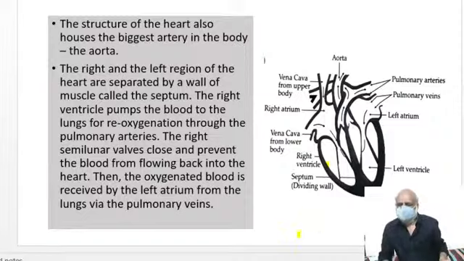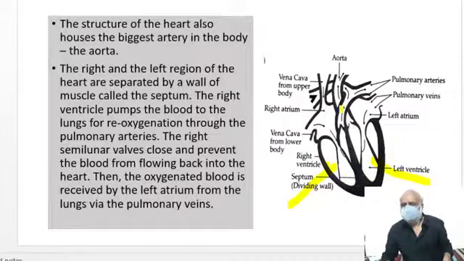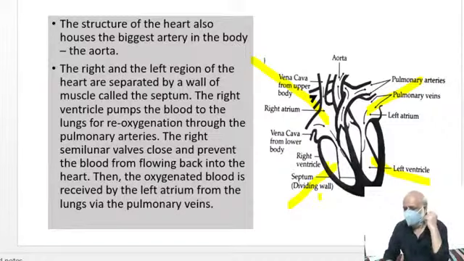See here, structure of the heart. There are four chambers in the heart. This is the ventricle on the lower side and atrium on the upper side, right atrium and left atrium. Similarly, right ventricle and left ventricle.